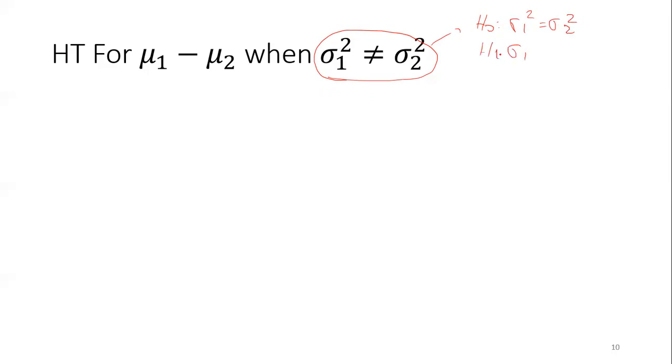If you make this test and cannot reject the hypothesis that sigma 1 square is equal to sigma 2 square, then you can use the case where both variances are equal. But if you reject the hypothesis, then you have to use this case.